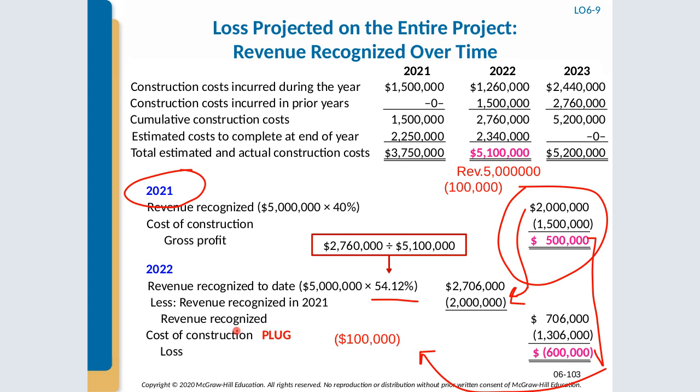So we had to plug our cost. That's why this cost is different from this cost, or the 1,260,000. Because we're trying to make it so that the combined loss is going to tie to the loss that we're supposed to recognize.